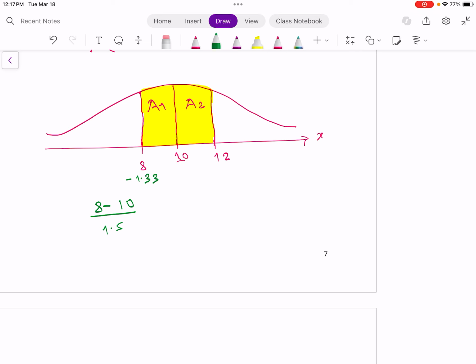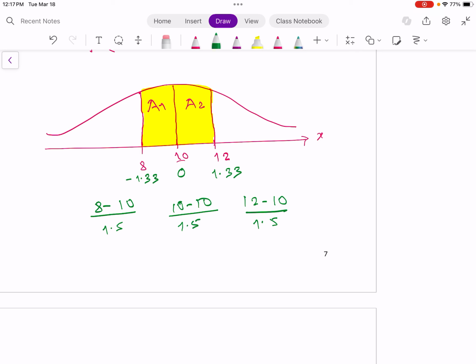Now let's find z for 10. 10 minus mu is 10, which is given to us, divided by 1.5, the standard deviation, which is given to us, and that is 0. For 12, x is 12 minus mu 10 divided by 1.5, which is positive 1.33.